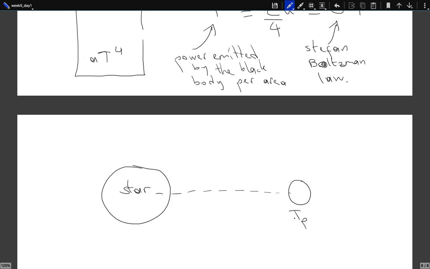Yes, that was the word, the habitable zone.